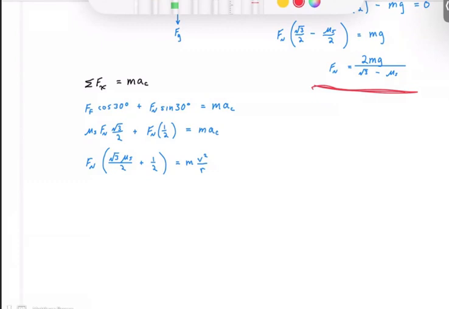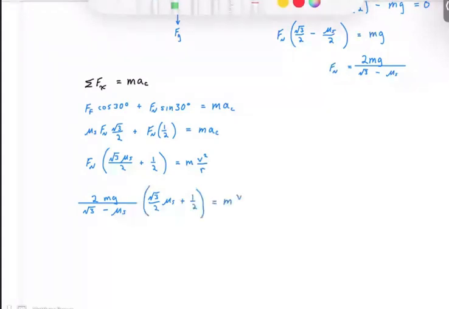Instead of the normal force, I can write 2 mg divided by root 3 minus mu s. And that equals root 3 over 2 mu s plus 1/2. And that gets me here.